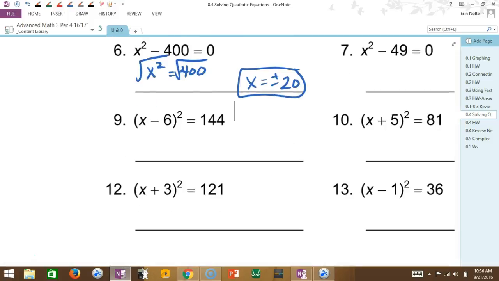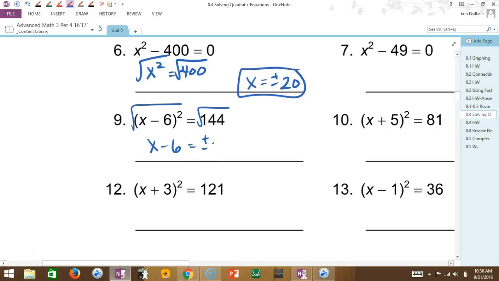Now number 9 is slightly different. This is like that step on completing the square, the second to last step there. So what would I do for question number 9? Square root. So then I get x minus 6 is equal to, what is the square root of 144? 12.